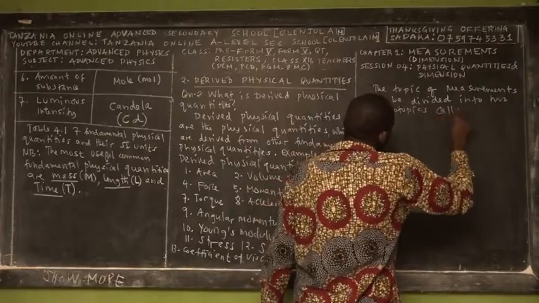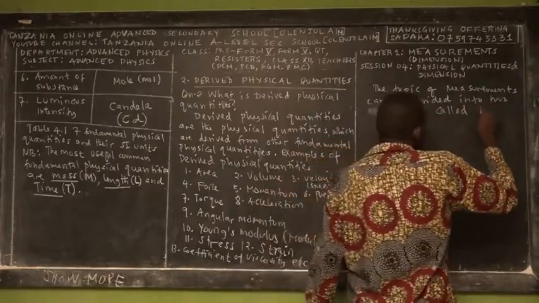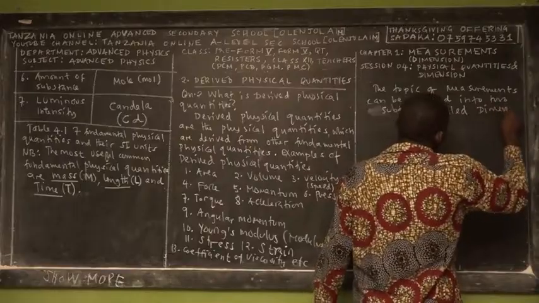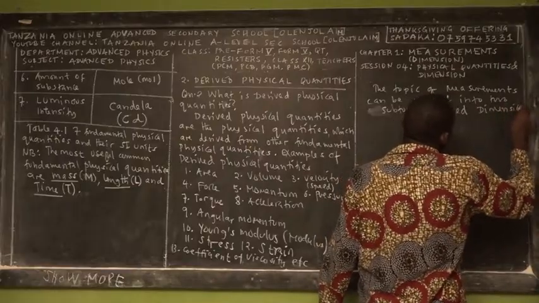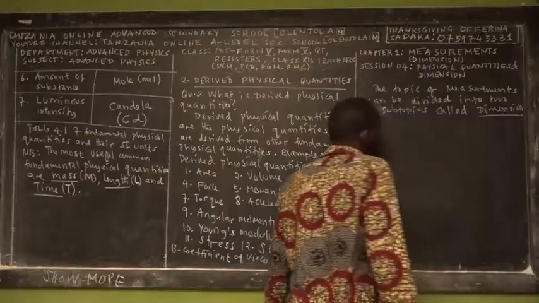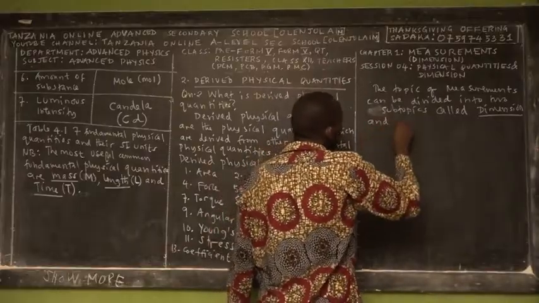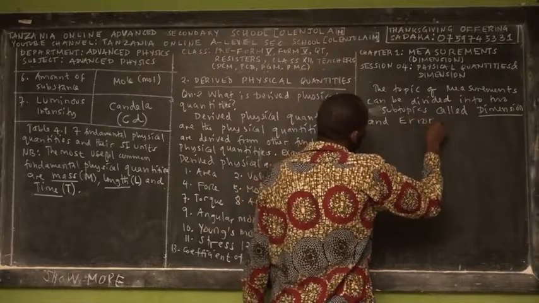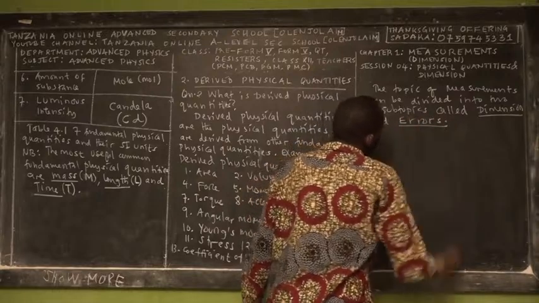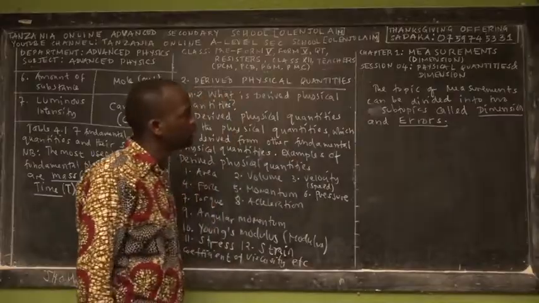The first subtopic of measurement is called dimension, and the second one is called errors. So we'll teach you both of these topics.